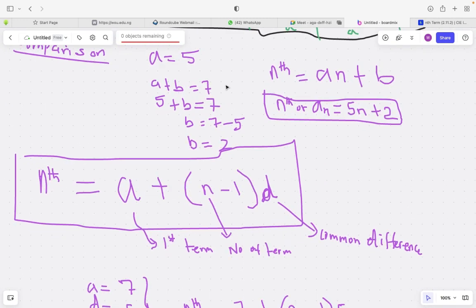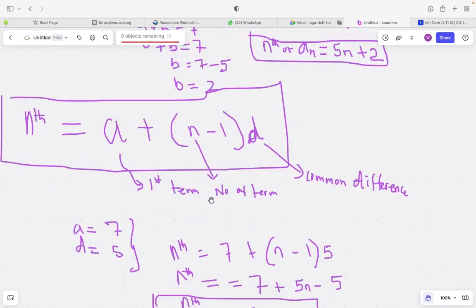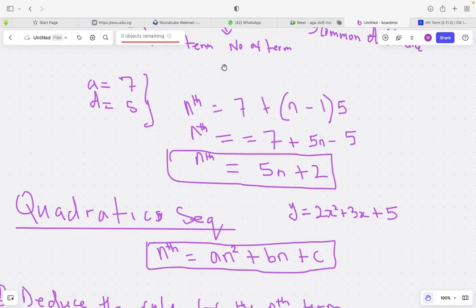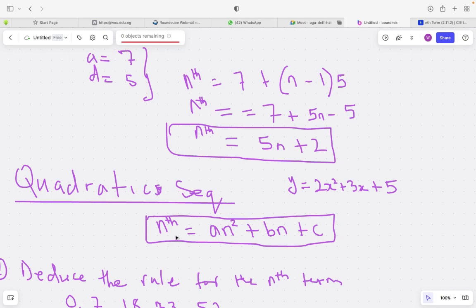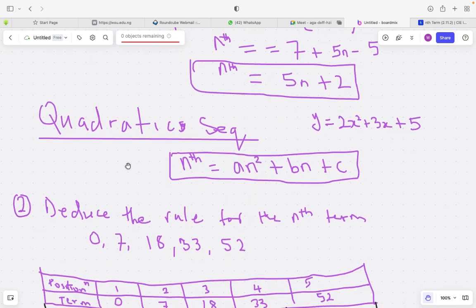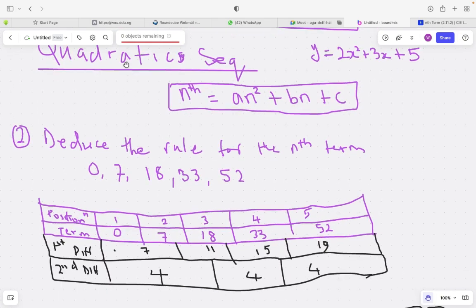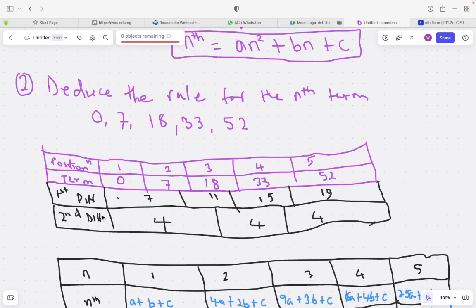So now what is the end term? I want you to write the end term yourself now. Now you've found a, b, and c. What is now the end term?